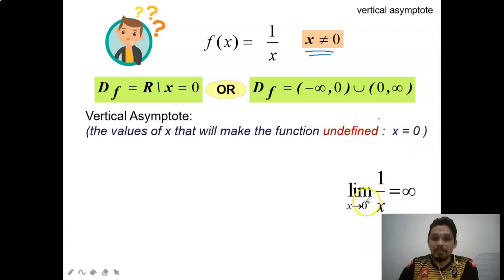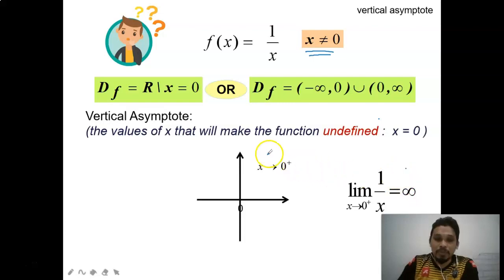So the limit as x approaches 0 from the right side of 1 over x equals infinity. Okay, x approaching 0 from the right side. Along this y-axis is where the value of x equals 0.